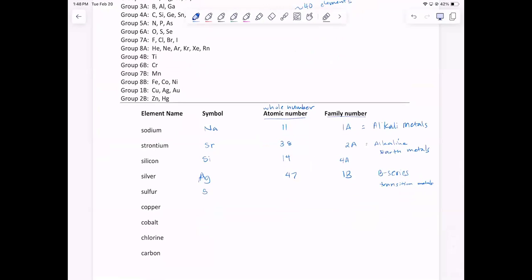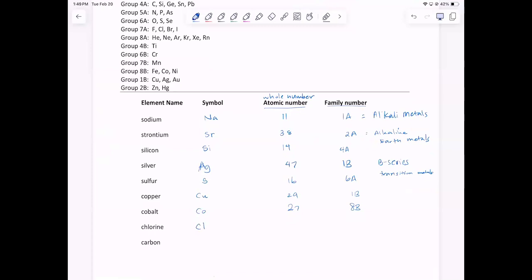Okay, so sulfur is S, and this is the atomic number 16, and it is in family 6A. Copper didn't get CO, that's cobalt, the next one. Copper is Cu from its Latin name cuprum, and this is the atomic number 29, and it's in family 1B. Cobalt is atomic number 27, and this is in family 8B.